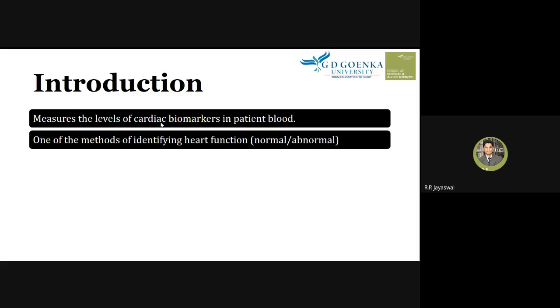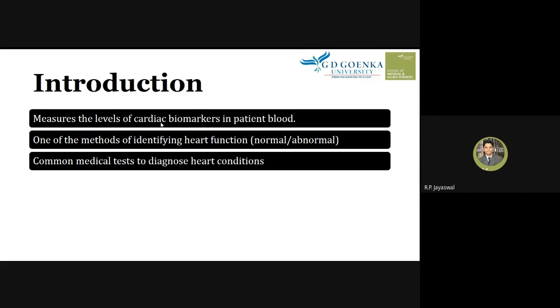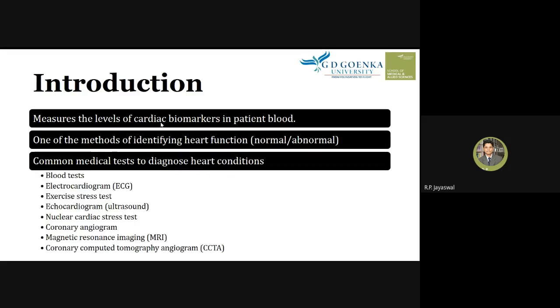If you do a cardiac profile test, this test is one method of identifying whether the heart is functioning normally or abnormally. There are some medical tests available to diagnose the heart condition, whether normal or abnormal. So these are a series of medical tests.